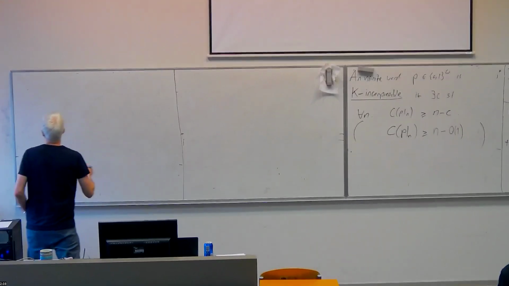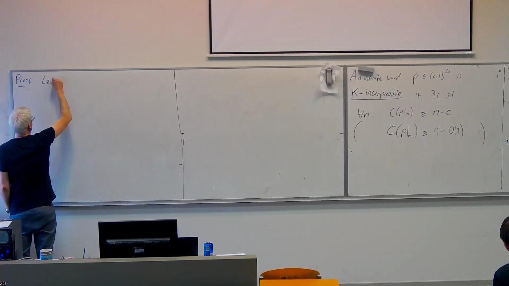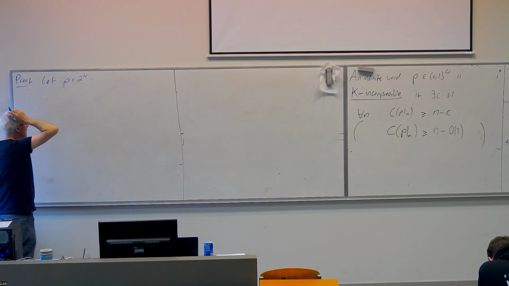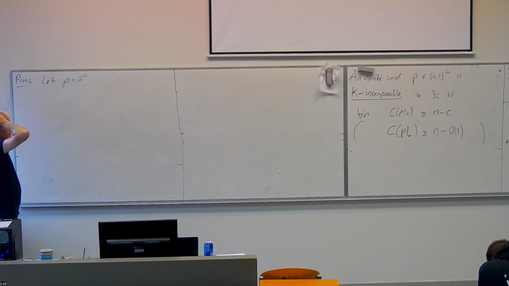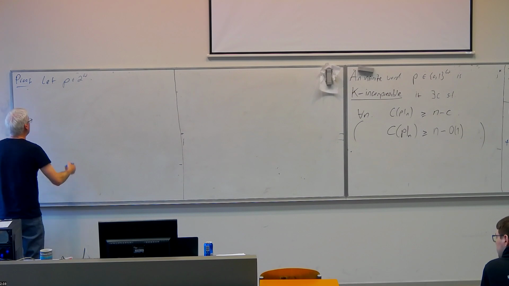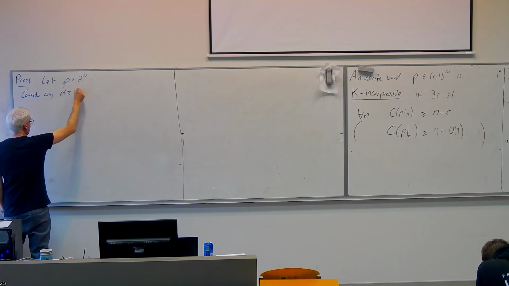Right, so now we're going to prove. Let P be an infinite sequence, so that's arbitrary. And we want to compress by some number d. So we want to find some prefix of P that we can compress by d bits. So consider any d greater than or equal to 0.